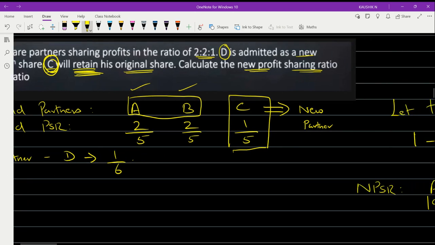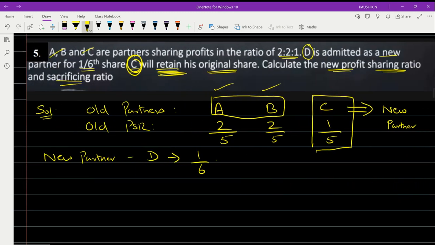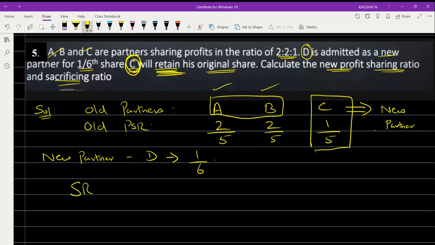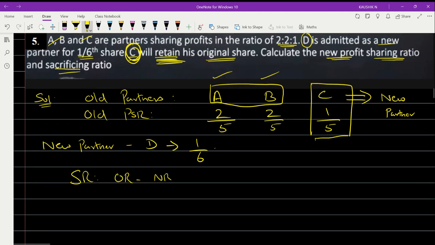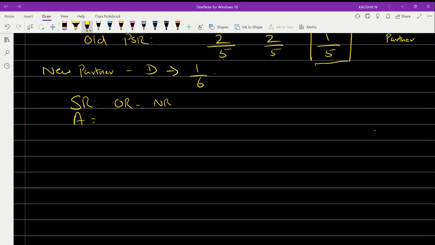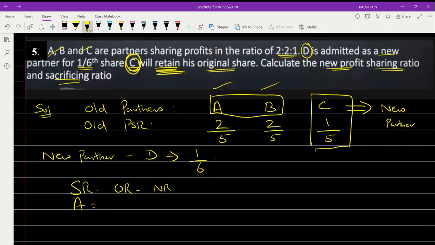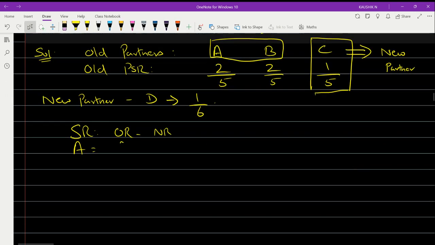So the new PSR you derived, and the sacrificing ratio you need not keep calculating, you could even do it with your eyes closed. But when it comes in 3 marks or 4 marks, calculations are very essential, so write the formula: old ratio minus new ratio. Accordingly, for partner A, old ratio minus new ratio: 2 by 5 minus the new ratio, 19 by 60.